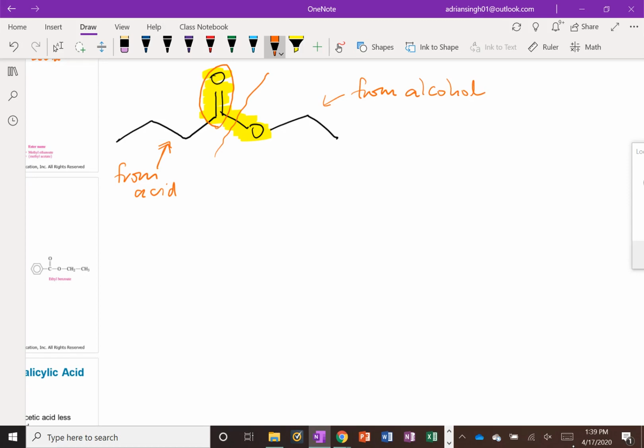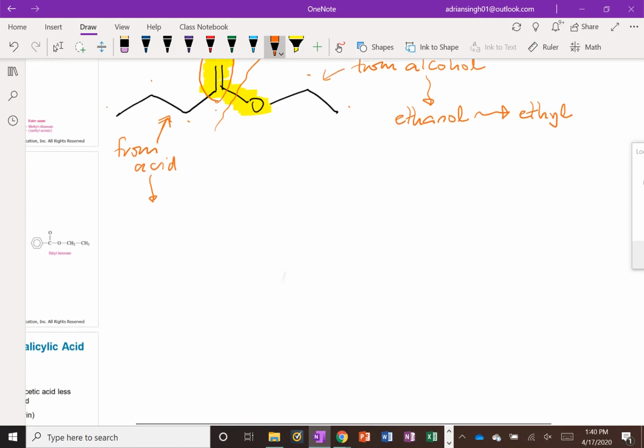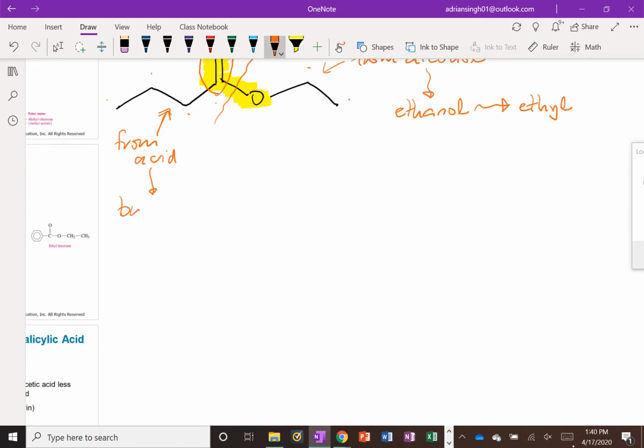All right, so the alcohol here is a 2-carbon alcohol, so that would be ethanol. And as a first name, that becomes ethyl. And then the acid that we have is a 4-carbon acid. That's butanoic acid.